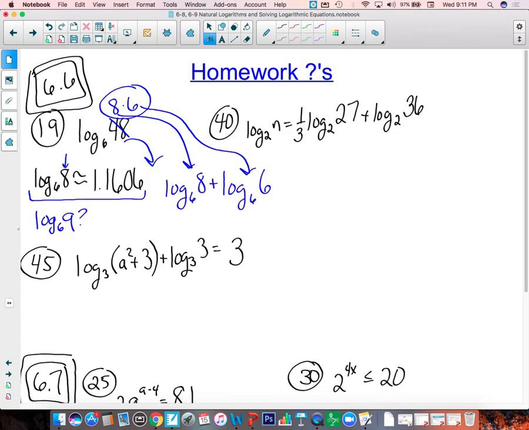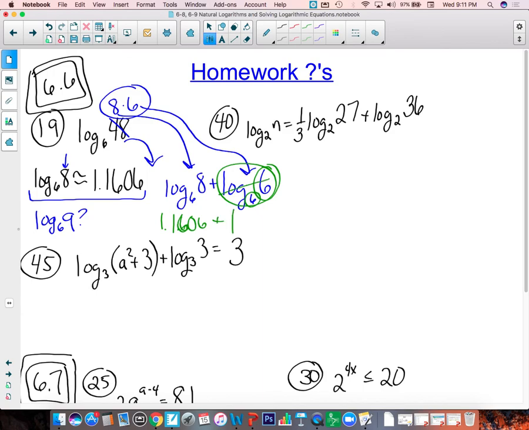Okay, we know that log base 6 of 8 is 1.1606. Now, this one right here, anytime you have the base of the logarithm matching the number on the inside, it pretty much cancels to a 1.